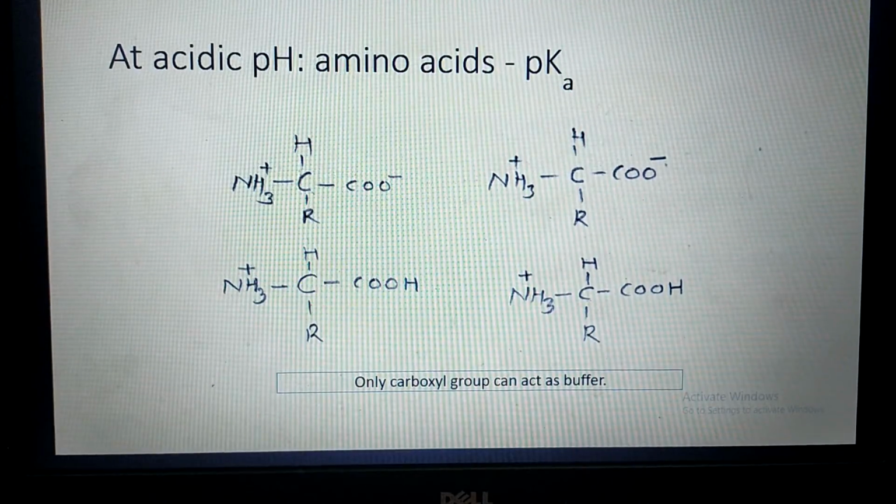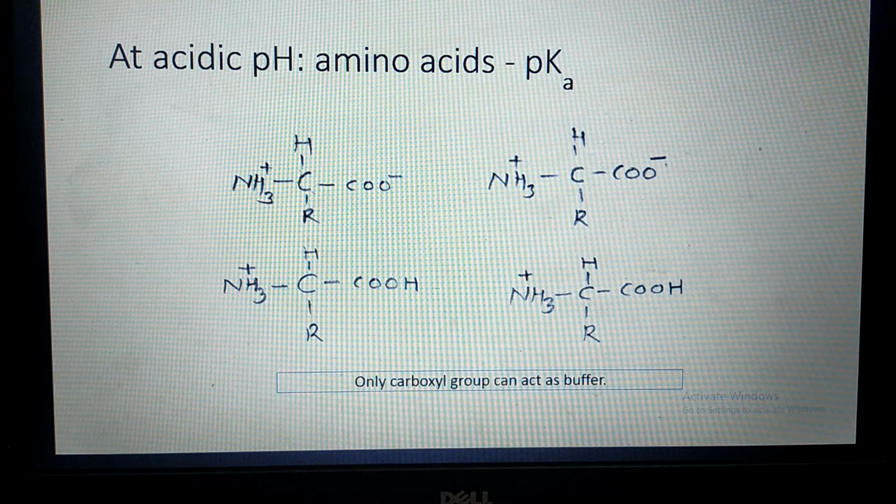Amino acids have two ionizable groups. One is the amino group and another is the carboxyl group. At acidic pH, all the amino groups are ionized and the amino acids have positive charge.